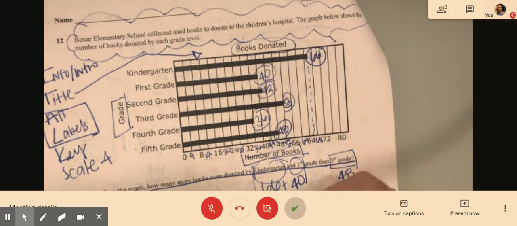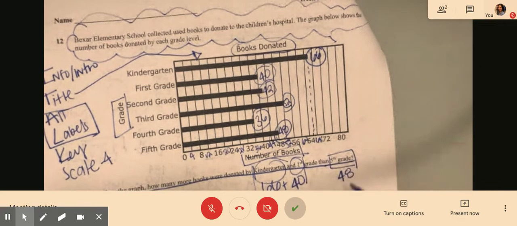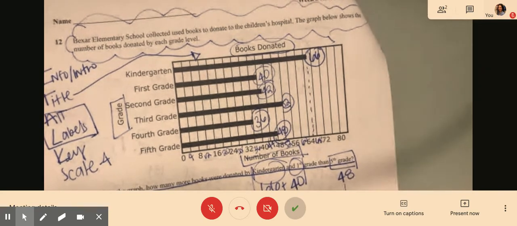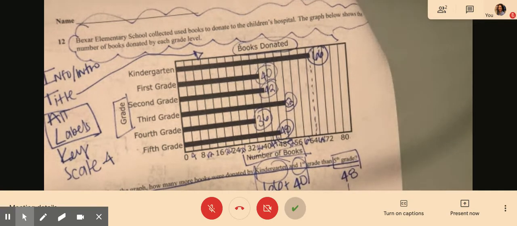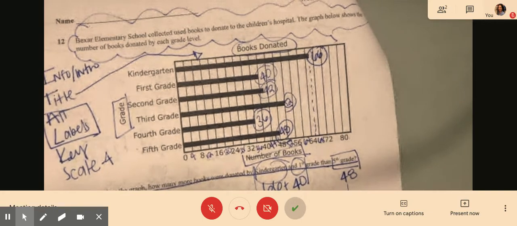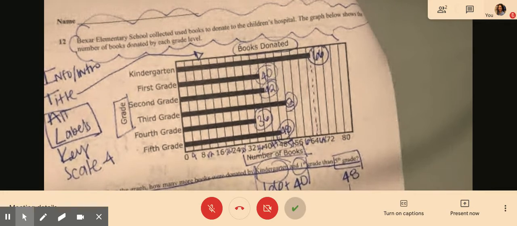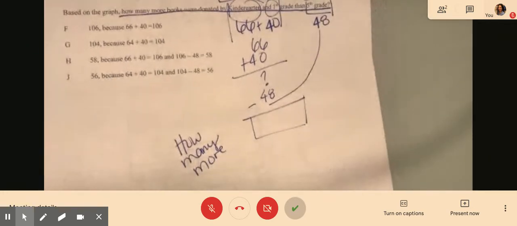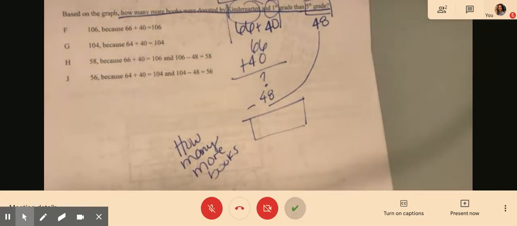Once you find that sum, you're going to have to subtract 48 from it because you're having to find the difference between the two grade levels and fifth grade. So once you find the difference, that is going to be how many more books were donated from kinder and first grade.